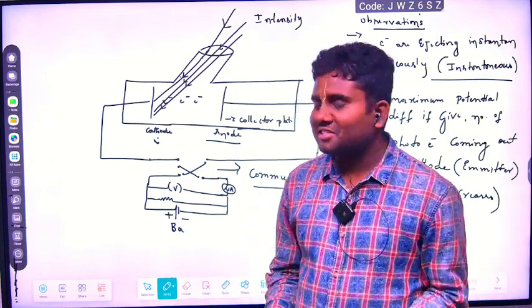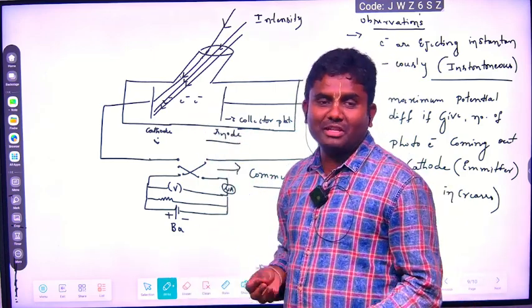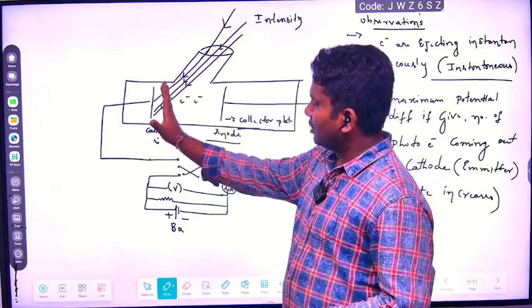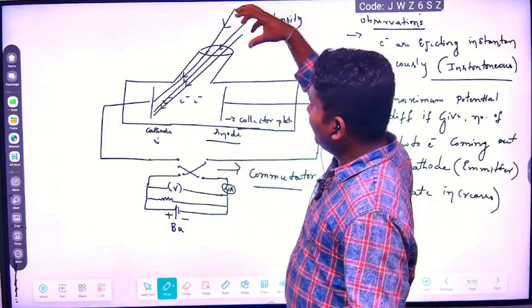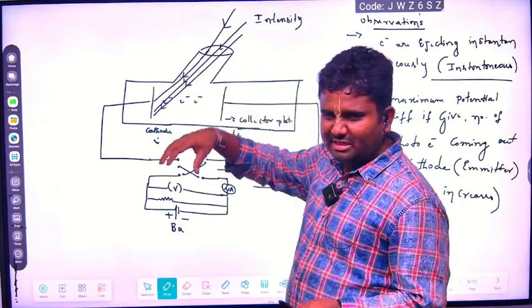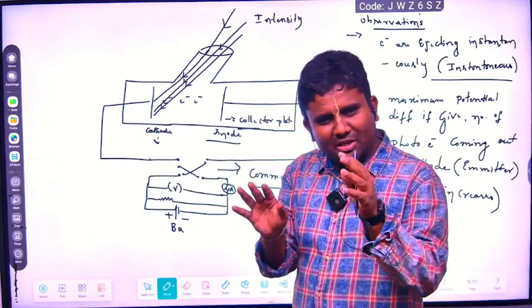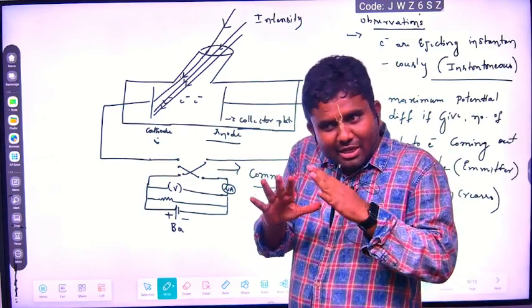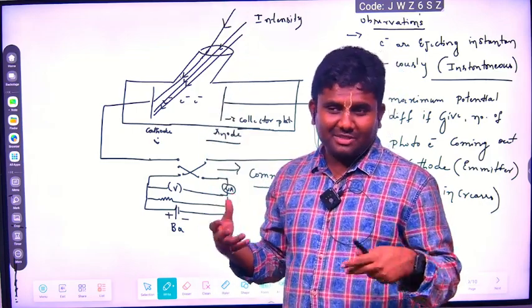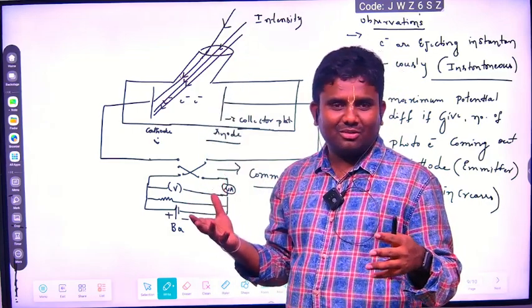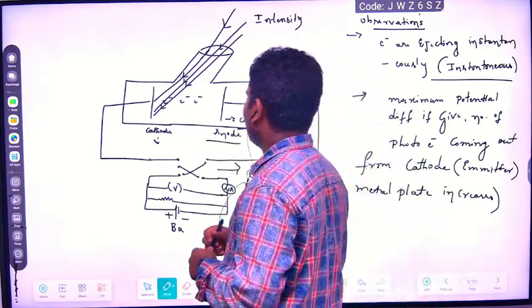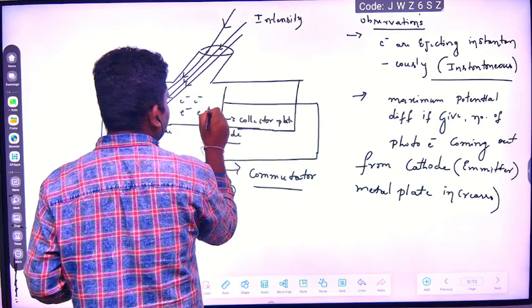The photocurrent starts increasing. The number of electrons coming out from the metal surface is increasing. They took one metal. When the light rays fall on the metal surface, if the light is dim, fewer electrons come out. If the light is highly focused and highly intense, more electrons come out. For example, when the light intensity is more, the number of electrons coming out is more. So that is the first observation from this experiment.